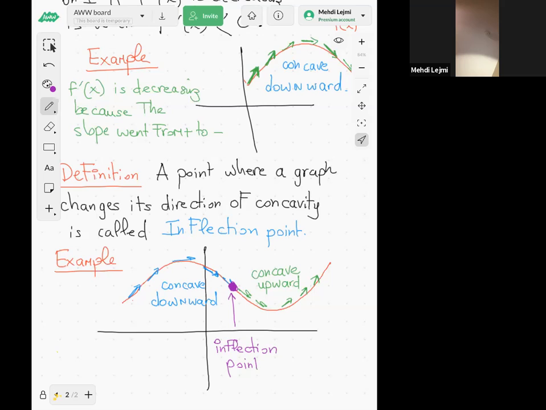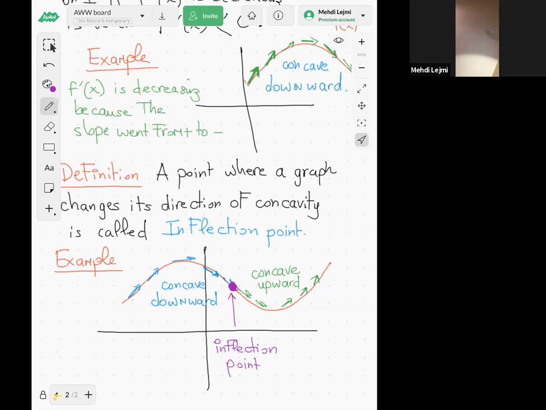All right, so you go from concave downward to concave upward. So the connection between the concave downward and concave upward, that will be your inflection point. Or of course you can go from concave upward to concave downward, right? So the point where the curve changes direction of concavity, that's your inflection point.